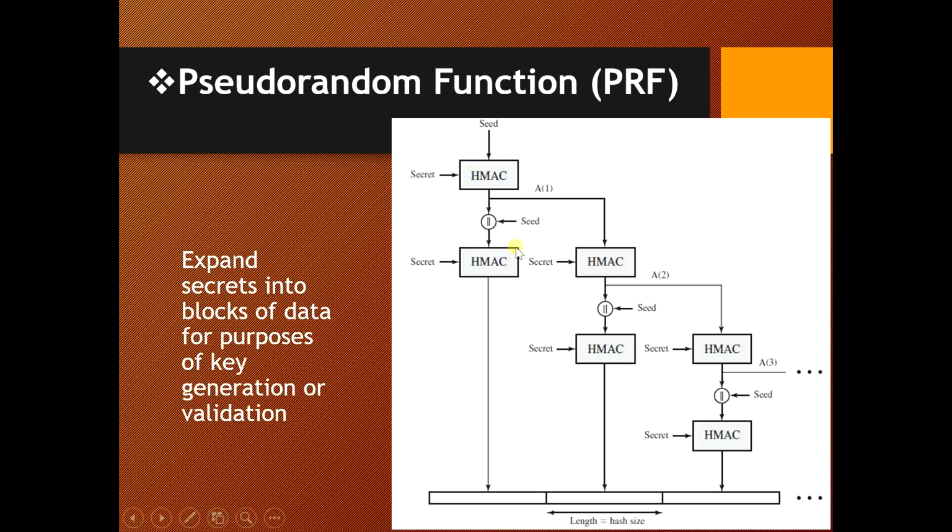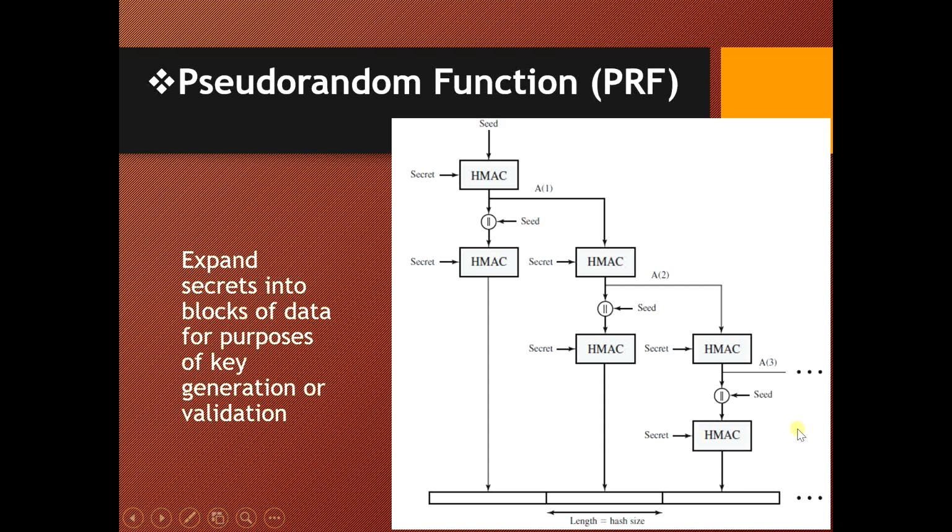Here you have the data expansion function which uses a single hash function to expand a secret key and a seed into an arbitrary quantity of output. This function is considered a multiple section function. This is one section, this is another section, this is the third section, and it will go on.